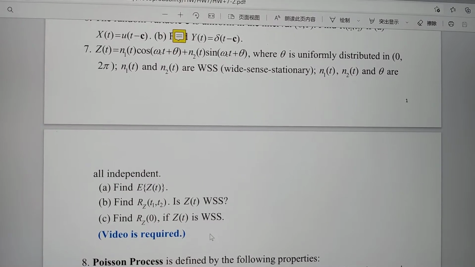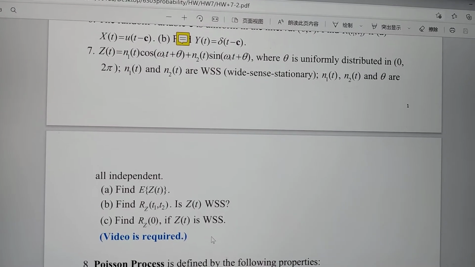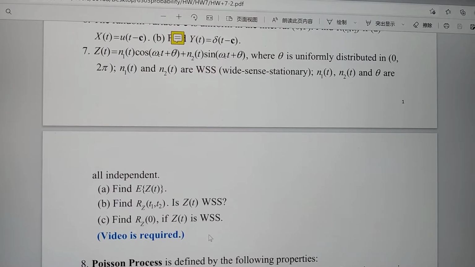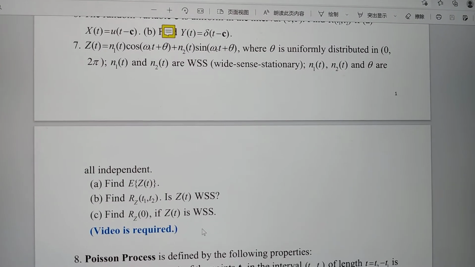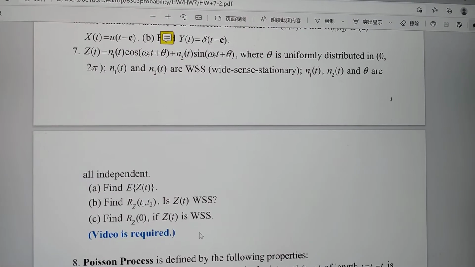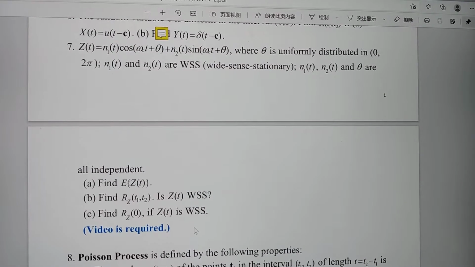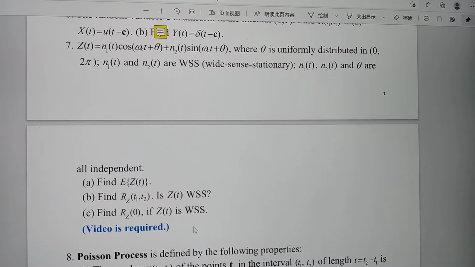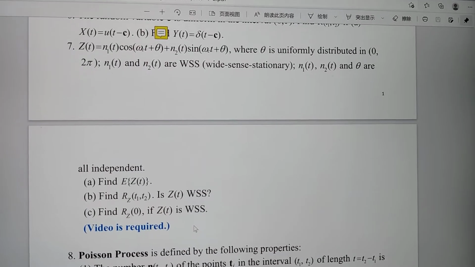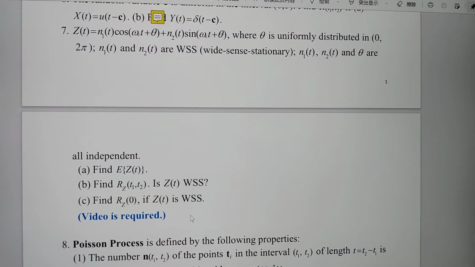Z(t) equals N1(t) cosine(omega_c t plus theta) plus N2(t) sine(omega_c t plus theta), where theta is uniformly distributed from 0 to 2 pi, and N1(t) and N2(t) are wide-sense stationary. N1(t), N2(t), and theta are all independent.